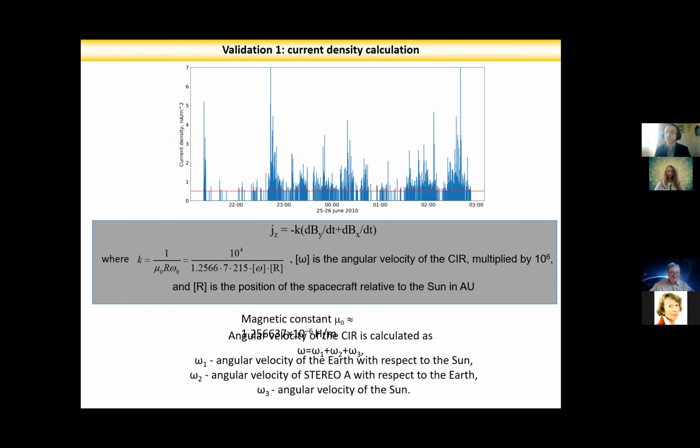And the problem again being that current density requires the angular speed of the CIR to calculate. The thing is, this method cannot be applied large scale as it only applies to a few structures where we can actually calculate the angular velocity.